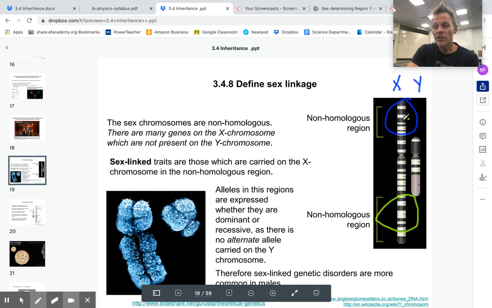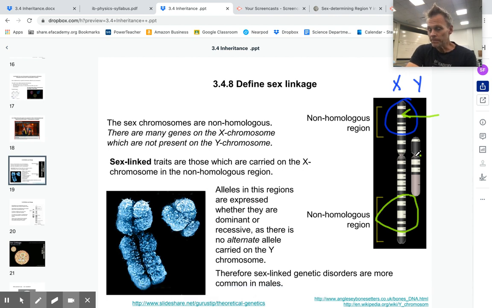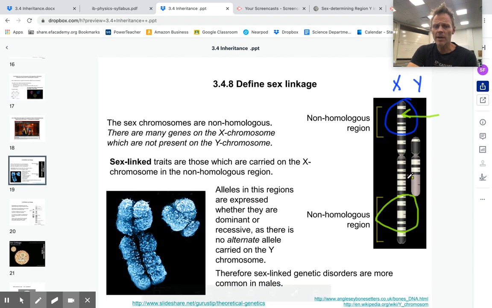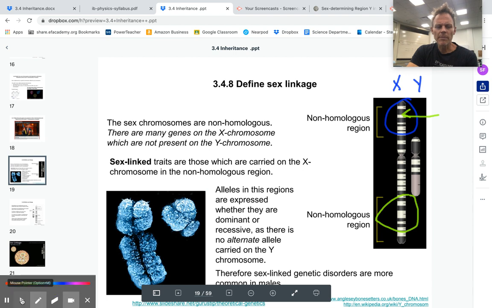Where there are genes on the X in a space where there's no DNA, there's no chromosome there, so it's impossible to have a form of that gene on the Y. And this has some implications when we talk about the inheritance of diseases, which we'll talk about in the next video. So let me show you an example of that on the next slide.